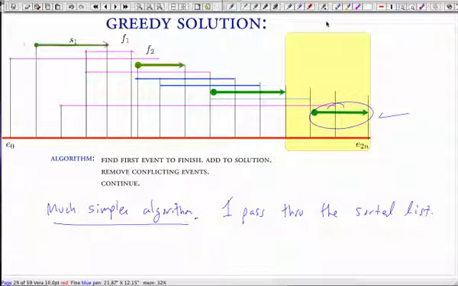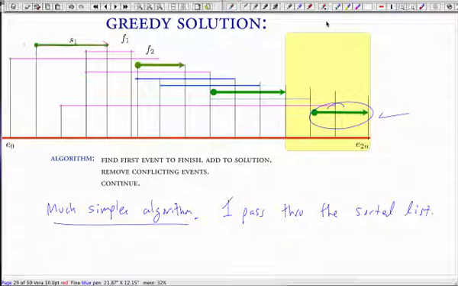Question in the back, Monica. That's right. In this situation, all we cared about was the most number of classes. That's right.